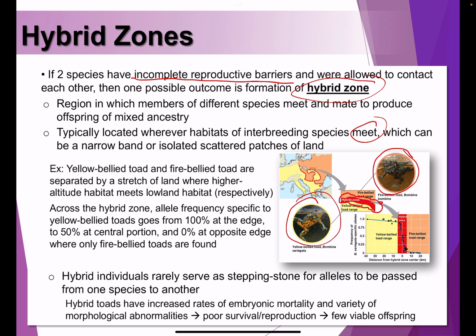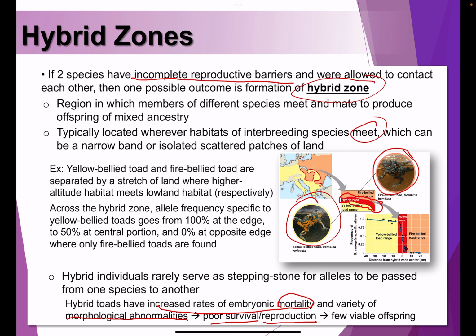So in this case, the hybrid toads have increased rates of embryonic mortality, which means that embryos of these hybrids tend to die off. They don't develop into maturity. And then there are a variety of morphological abnormalities, even if they were born. So these abnormalities can lead to poor survival of those hybrids, or they probably can't reproduce for the next generation of hybrids to be formed.